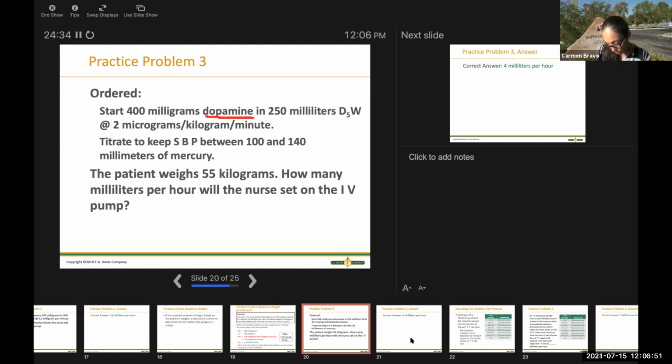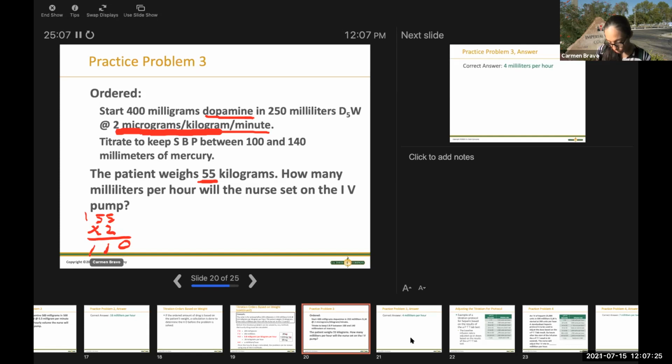Let's do the setup first. My order is 2 micrograms per kilogram per minute. The patient weighs 55 kilos. We can solve that if we want to. It's 2 mcgs per kilogram, so 55 times 2 is 110.